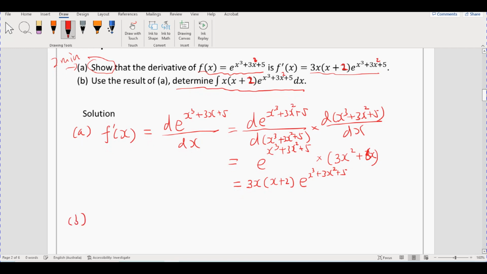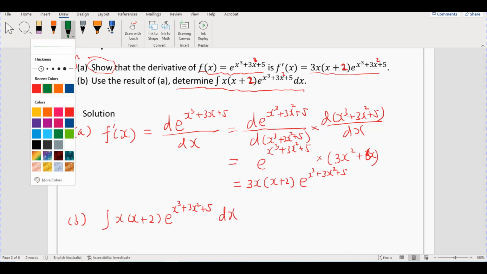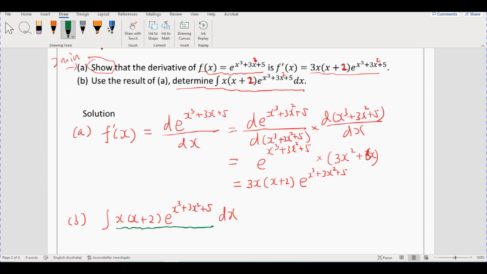And you try to find the integration. Let's write the integration right here. So you see, the integrand here is very close to the derivative, but they are not entirely the same. Why?